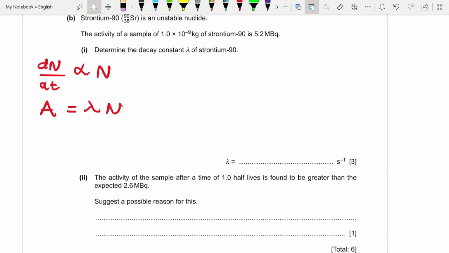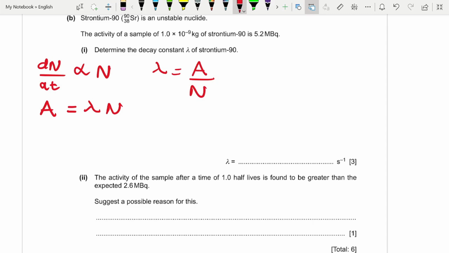Because if you have a lot of particles, they're going to decay a lot. A lot of particles, a greater activity. Fewer particles, a smaller activity. So we have this equation, A equals lambda times N. If you want to find lambda, it's going to be your activity divided by the number of particles that you have.